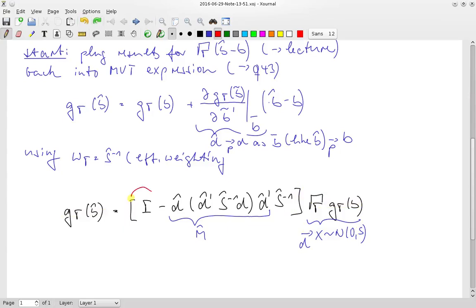The rank of that determined brackets is n minus k. The whole term in brackets is an n by n matrix, but its rank is n minus k, as g_T of b has n linearly independent random variables.